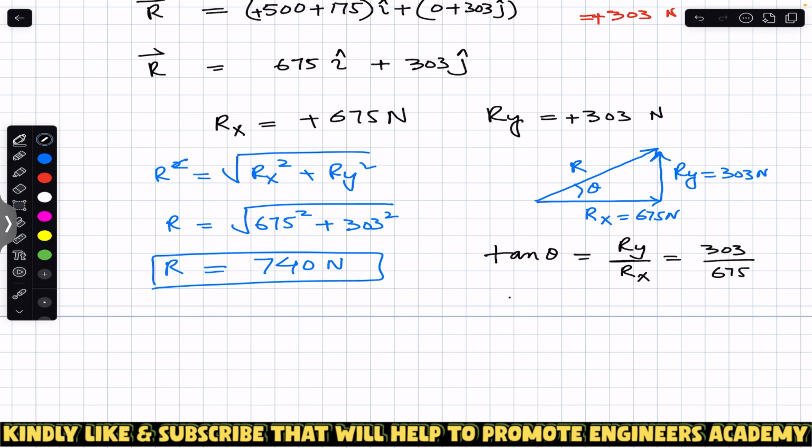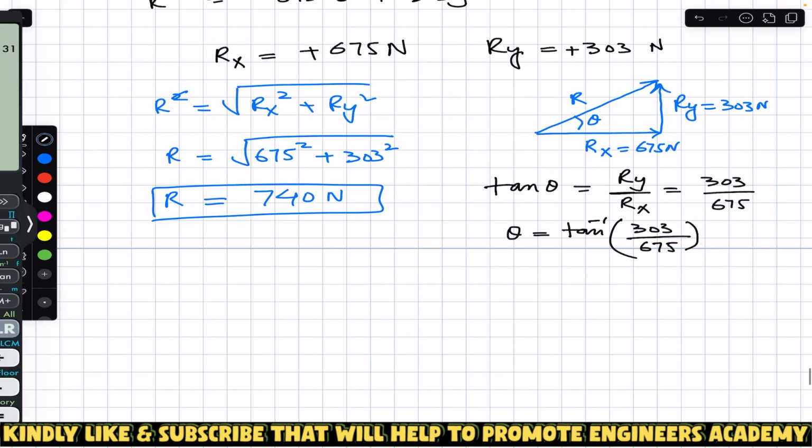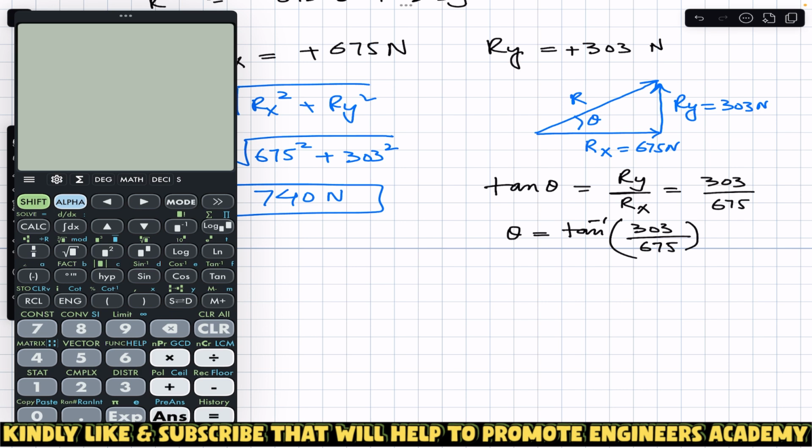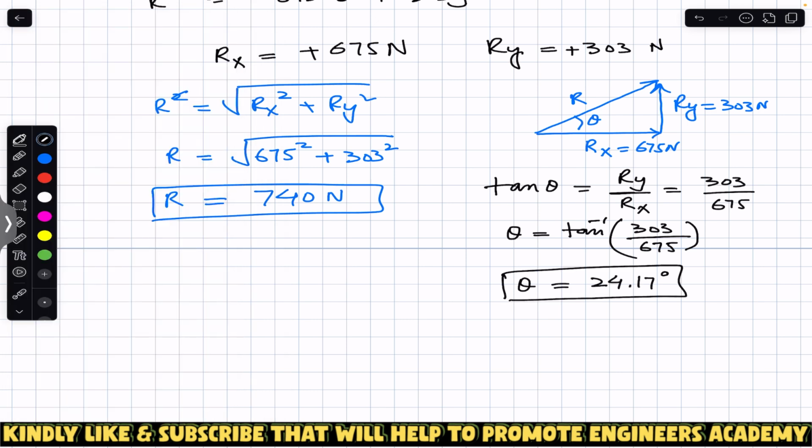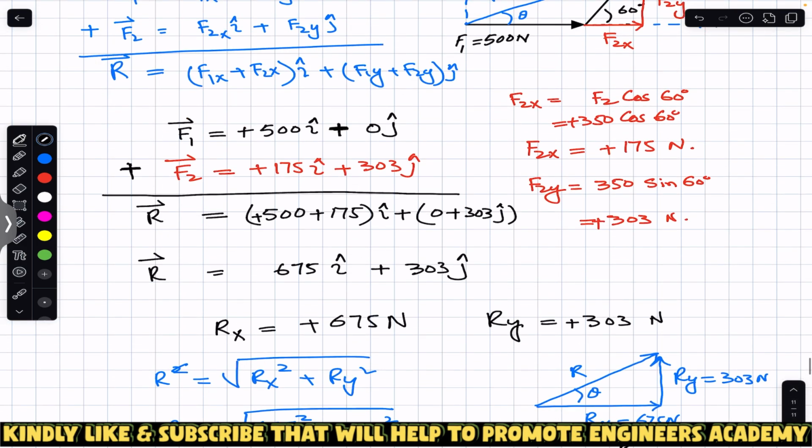And if we take tan inverse on both sides of the equation, we will have theta equal to tan inverse of 303 divided by 675. So the angle theta, which the resultant makes with the positive x-axis, is 24.17 degrees. So the resultant magnitude is 740 Newton, and it is making 24.17 degrees with the horizontal, or we can say with the positive x-axis.